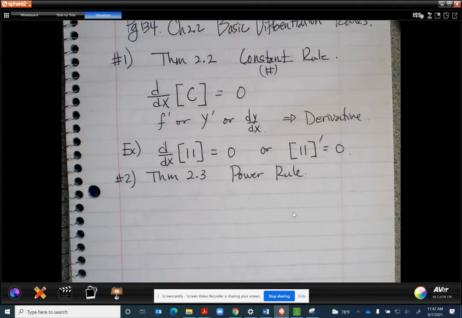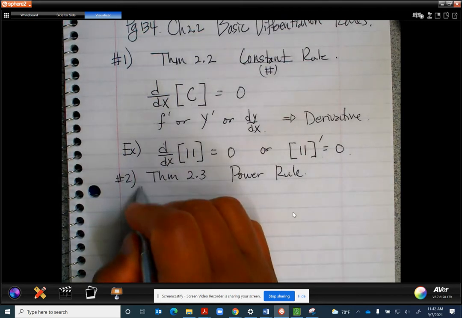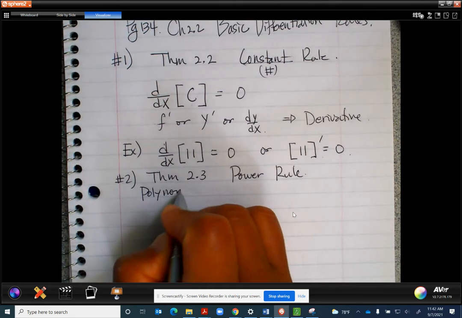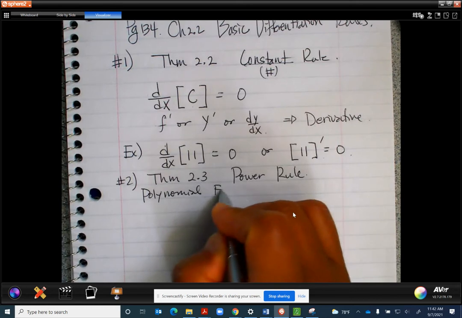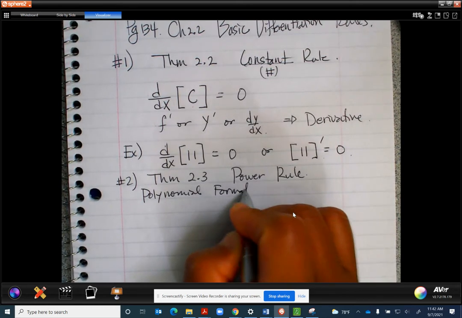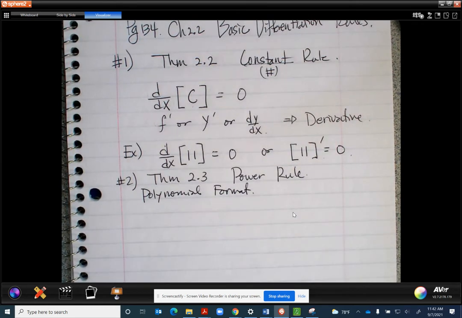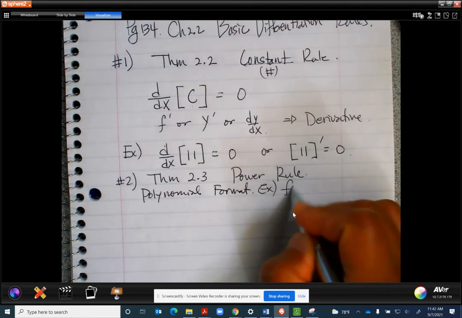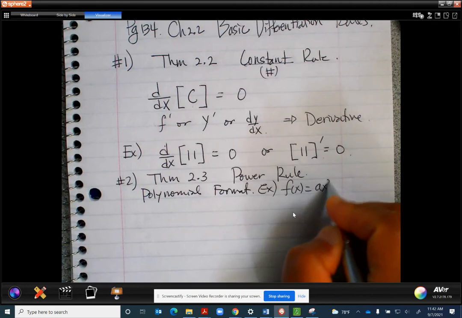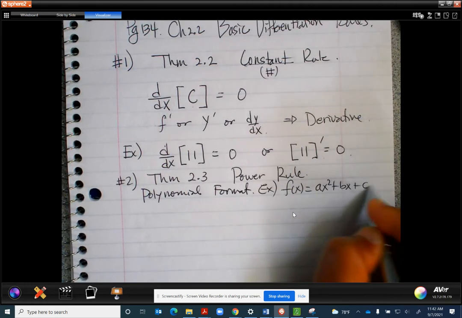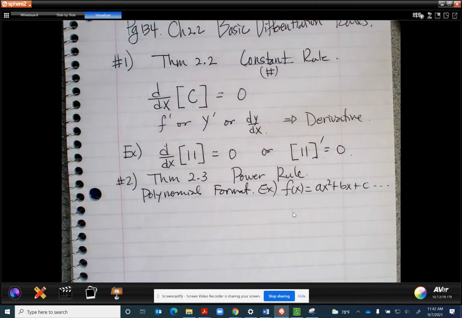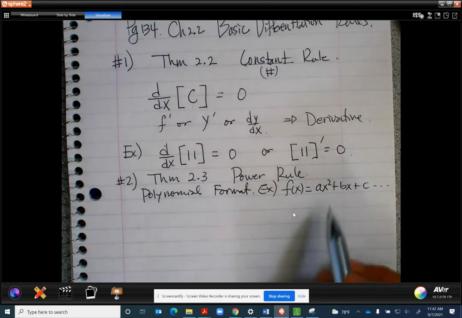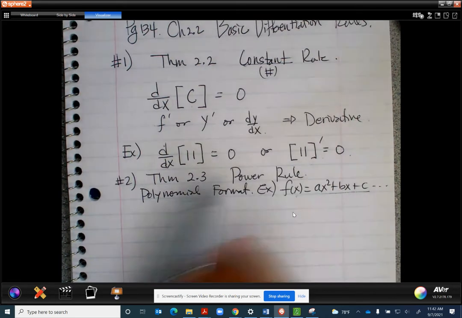You want to put them into like a polynomial format. So for example, it should look like f of x is equal to ax squared plus bx plus c and blah, blah, blah, like that, okay? So when you put them into this type of format, then we can use this power rule.